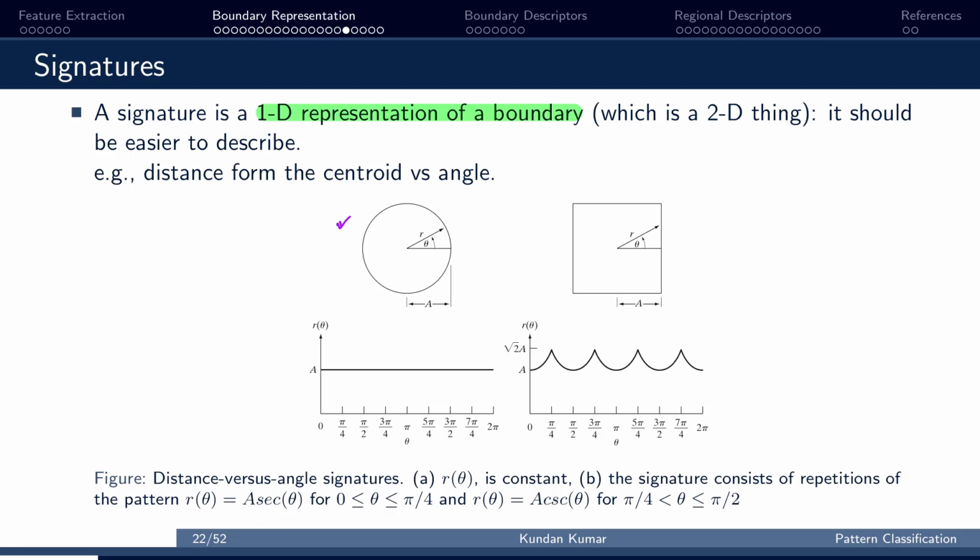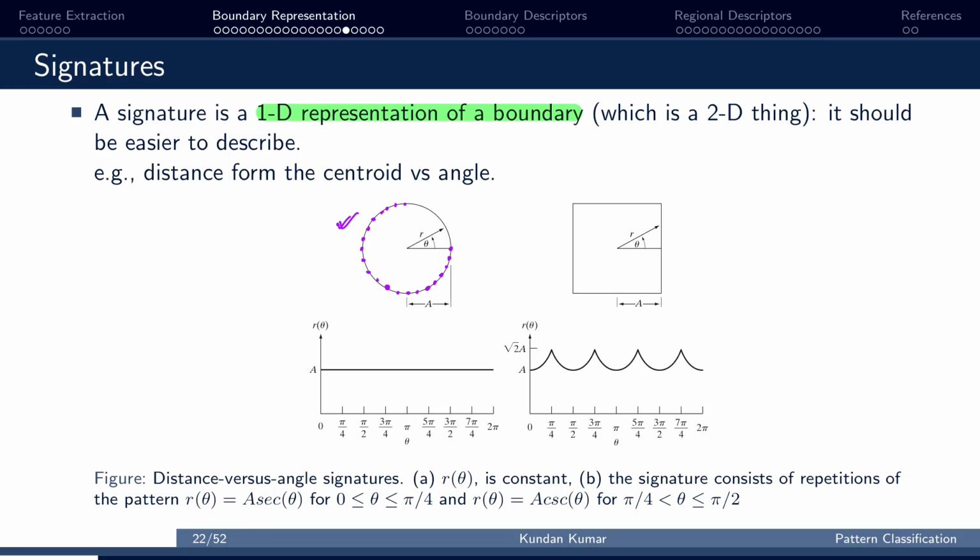Suppose this is our shape, okay, and suppose these are the boundary pixels. From these boundary pixels, we will compute the centroid of this boundary shape.